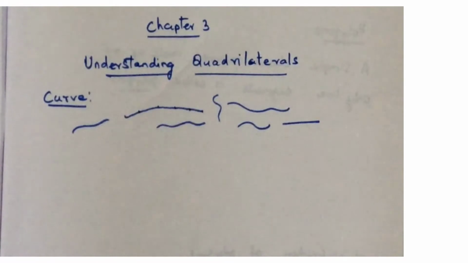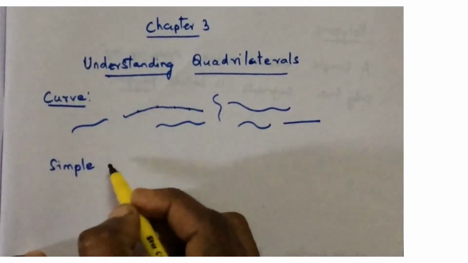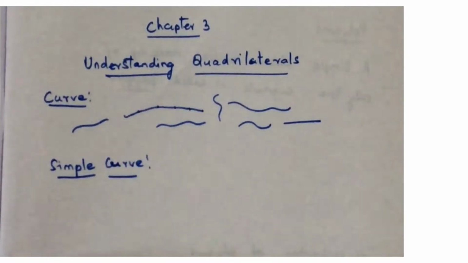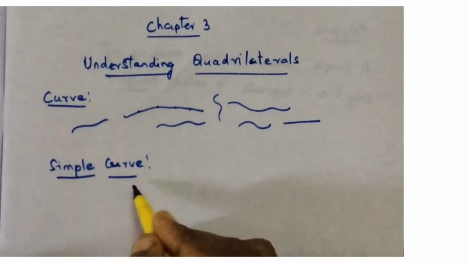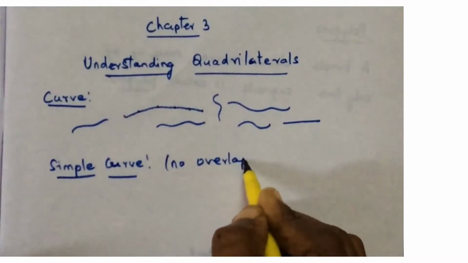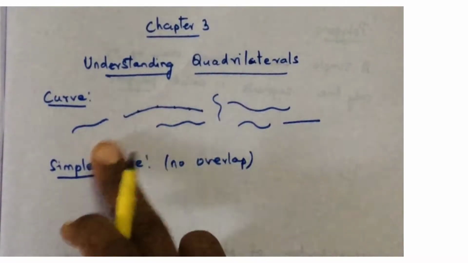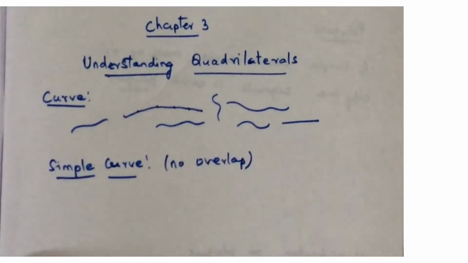What is called a simple curve? There should be no overlap. Then it is called a simple curve. So all the examples we have drawn are simple curves because there is no overlap.